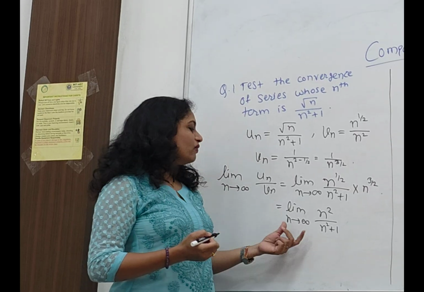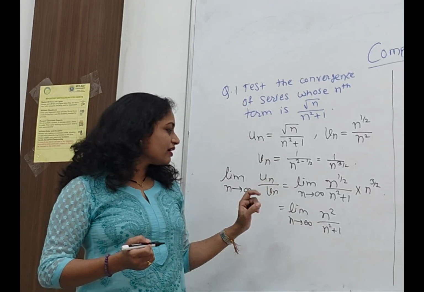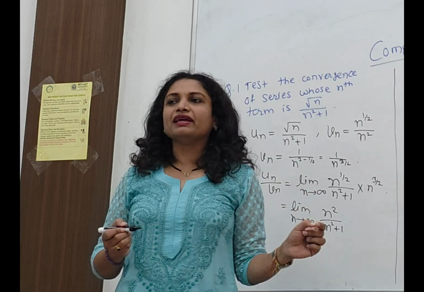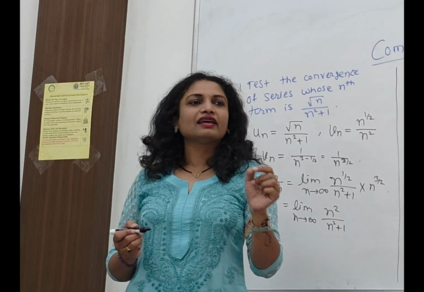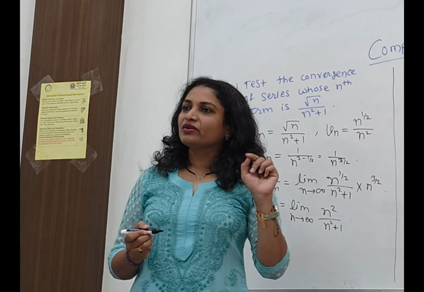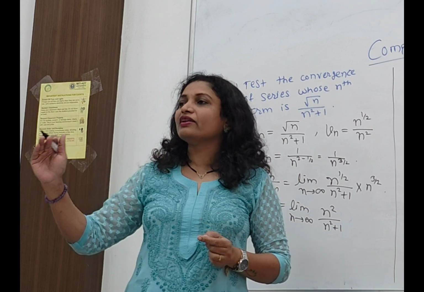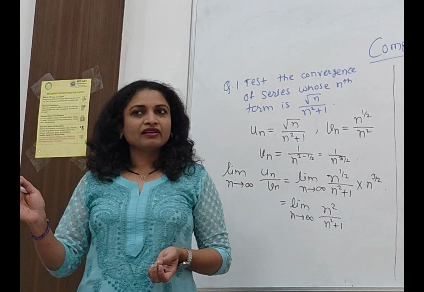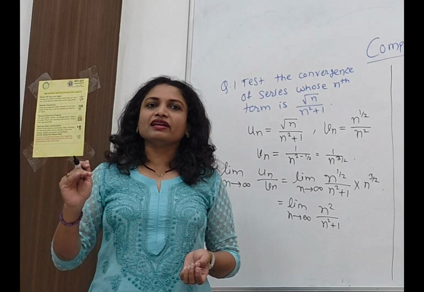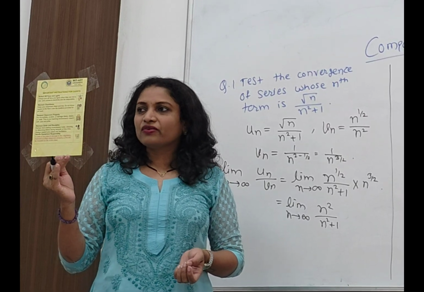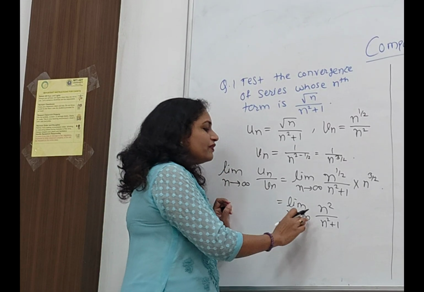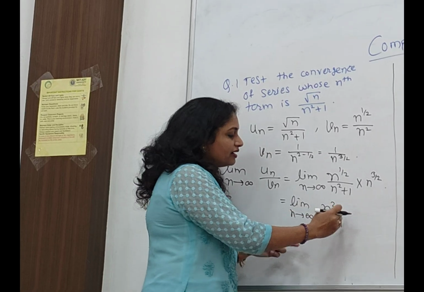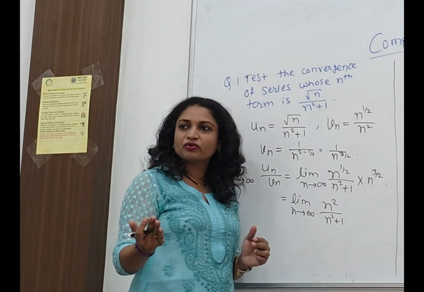Whenever you come across the calculation of a limit, here n is tending to infinity. To get it into finite form, always try to bring n into the denominator, because you know 1 upon infinity is 0. If you keep infinity like this, you are going to get infinity upon infinity form, then you would use L'Hospital's rule.